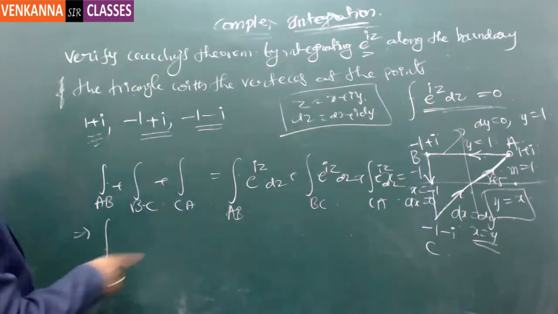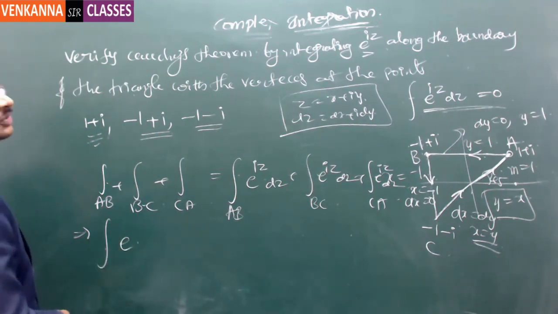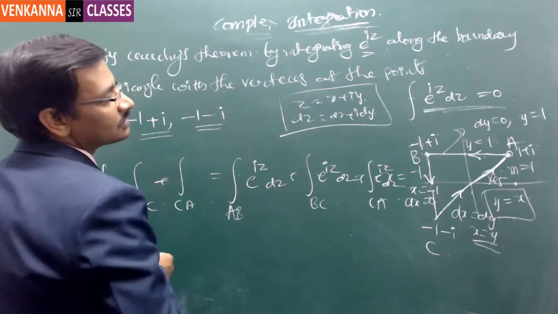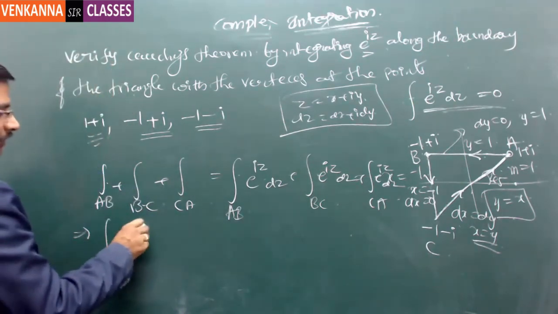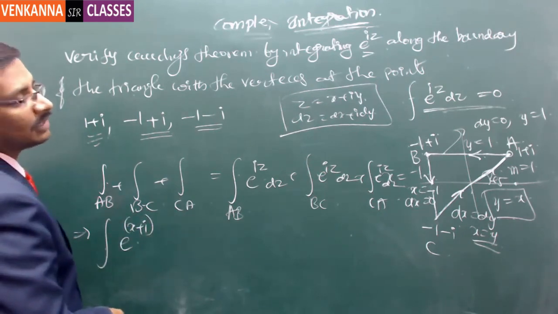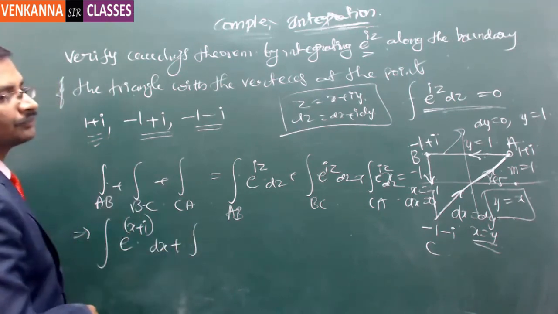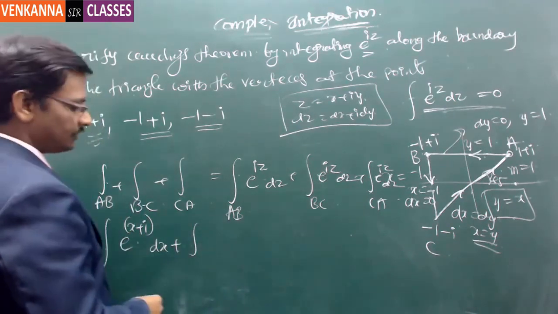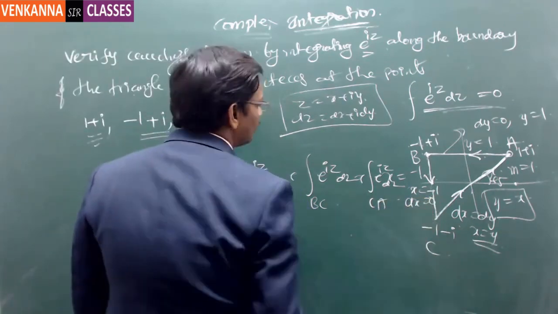So these are the relations that you need to use for all the 3 different lines. So I will take the first line AB, here e power IZ. So z value, x value is changing and y value is 1. So this is e power x plus I into dz is nothing but dx plus integral over BC. So over BC, x value is -1 and dx equal to 0.